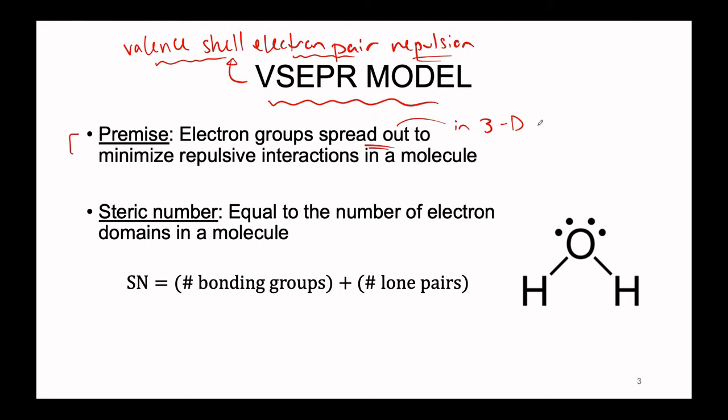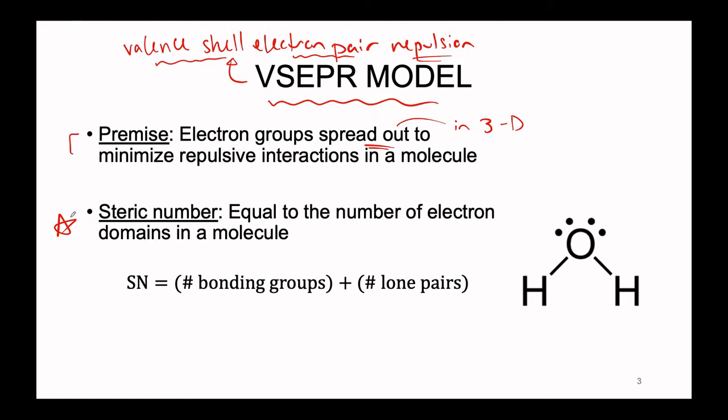We can observe where the electrons are, and therefore predict how they are going to spread out, by observing what the steric number is around the central atom. The central atom, as we discussed in Chapter 6, is the one that has the largest bonding capacity and is placed in the center of the molecule.